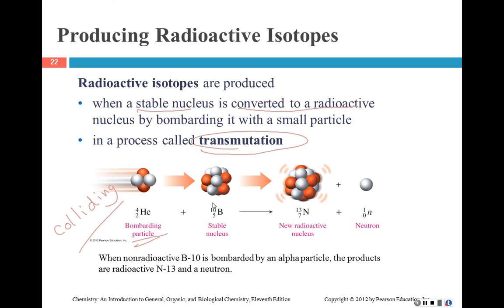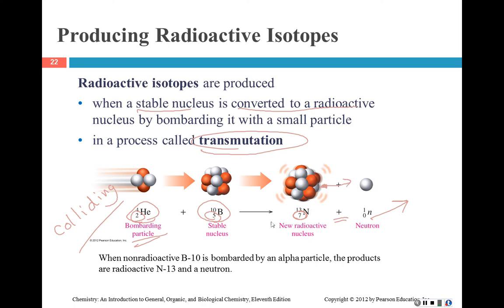So you take the helium and the boron and you actually increase the number from 5 to 7, and while you're doing it, you're kicking off a neutron from this new part.